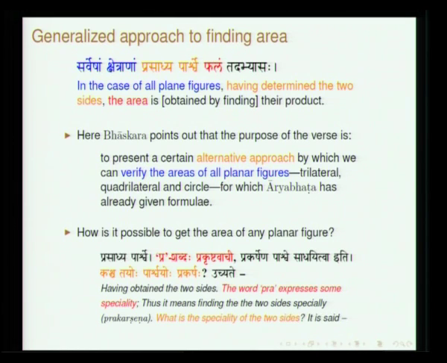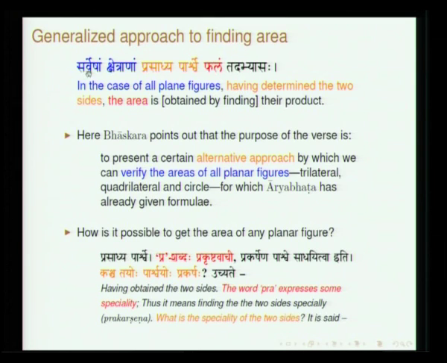The approach is that area is a product of two things. With this in mind, he says the parshva has to be defined appropriately for various objects. That is the import of this, as conveyed by Bhaskara. Phalam is area, tadabhyasaha is the product.